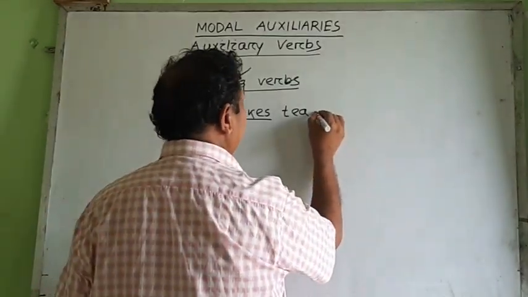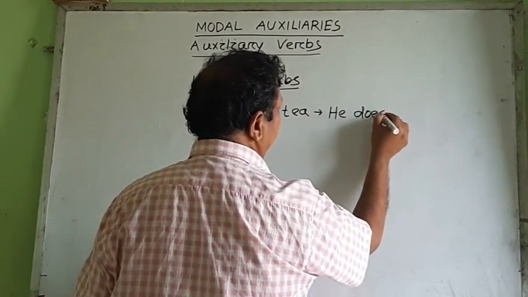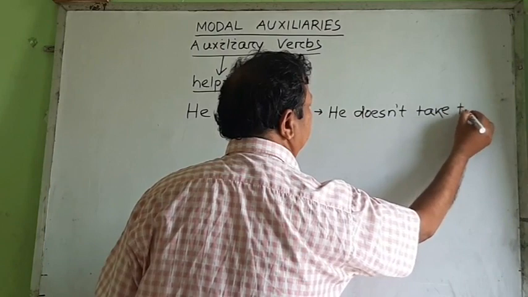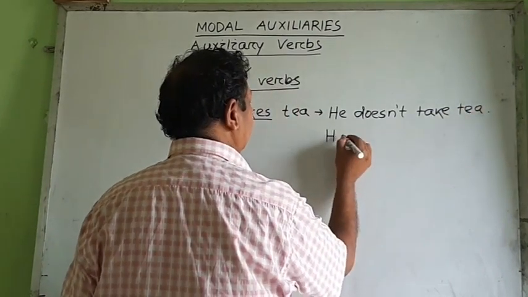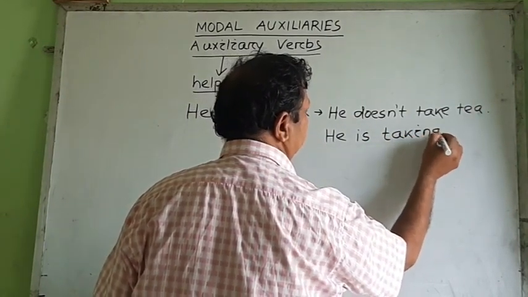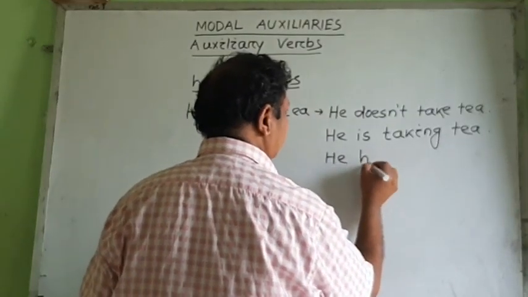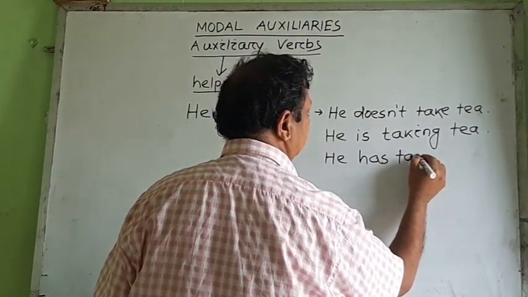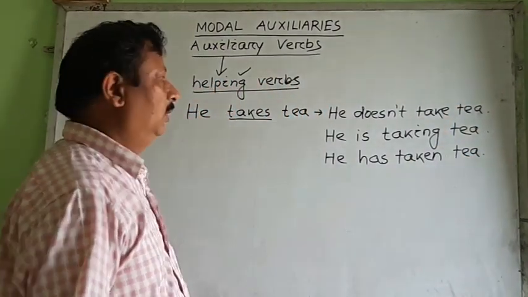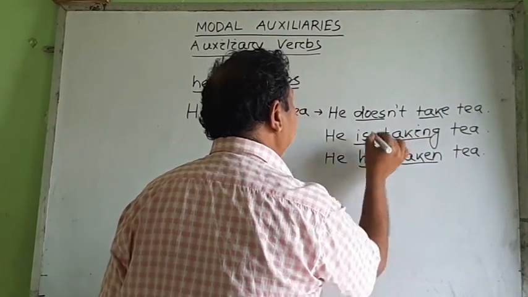But when we write that sentence in other form, he doesn't take tea, or he is taking tea, or he has taken tea, then here take is the main verb, but does, is and has, all they help.